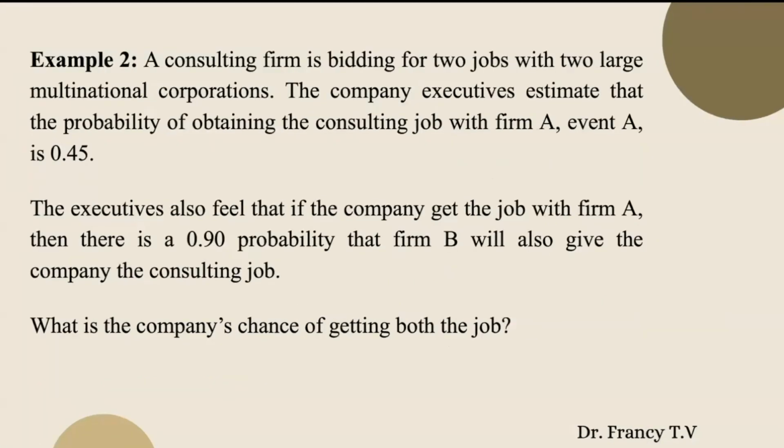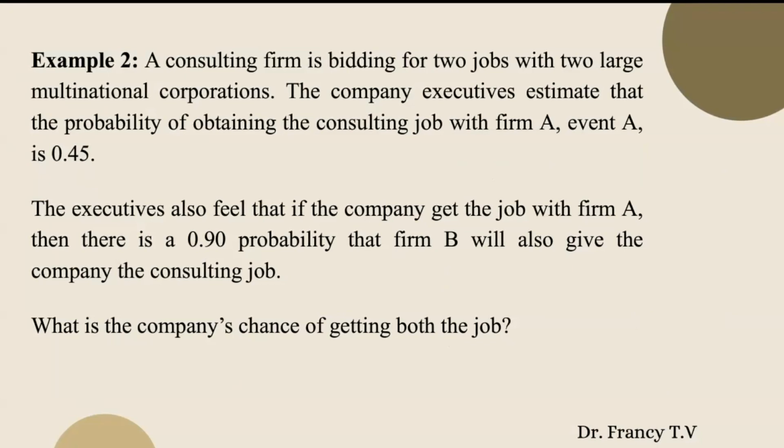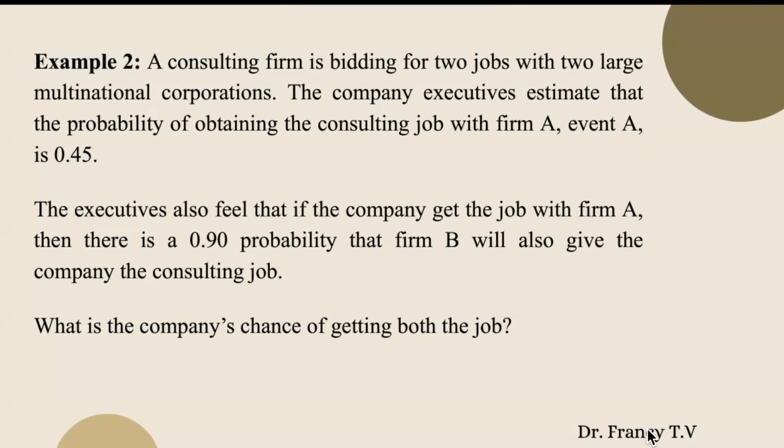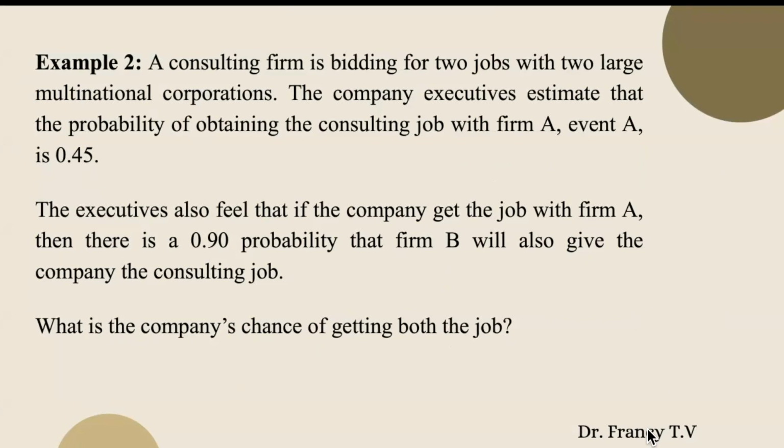Next, let us take the second example. The problem says a consulting firm is bidding for two jobs with two large multinational corporations. The company executives estimate that the probability of obtaining the consulting job with firm A, named as event A, is 0.45.